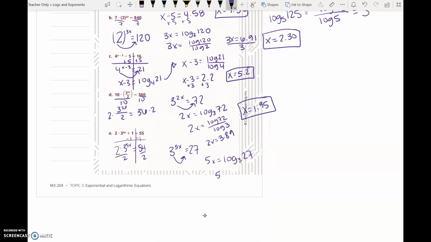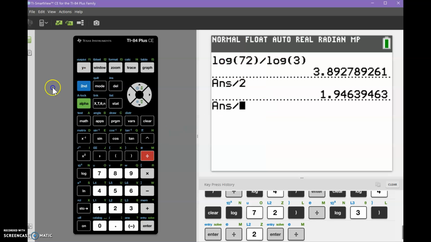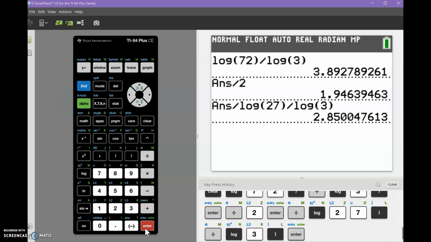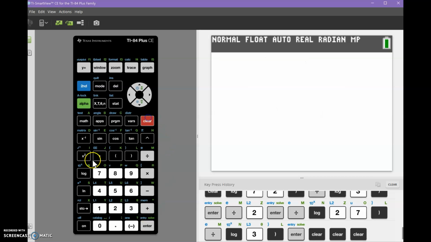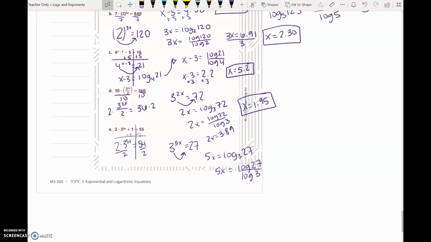Change the base. I already know this is 3, but log 27 divided by log 3. And 3. 5x equals 3.